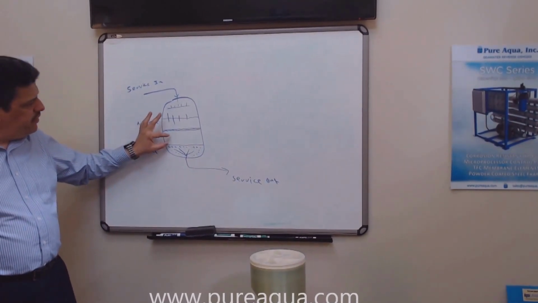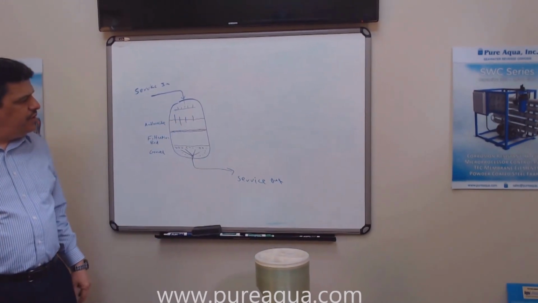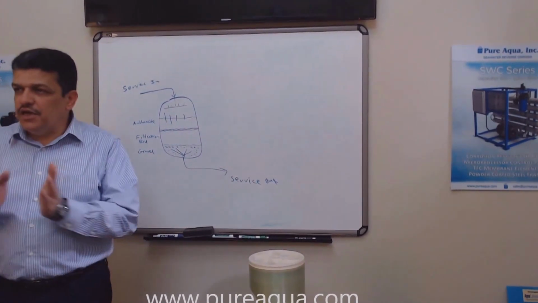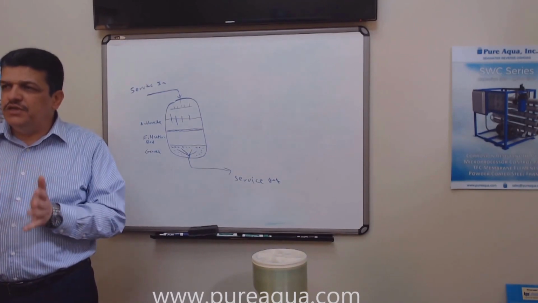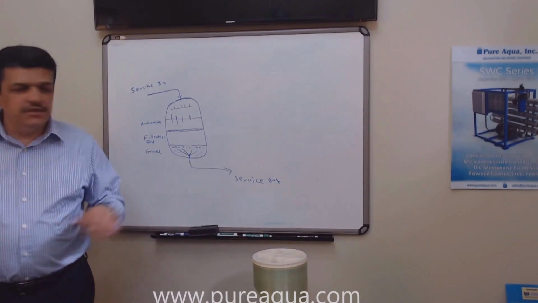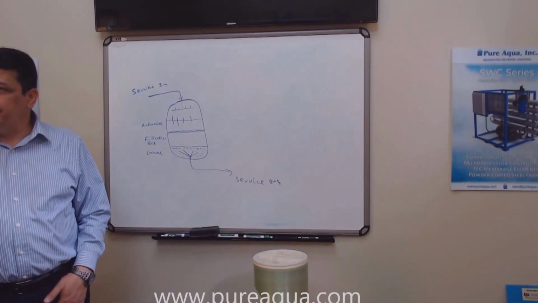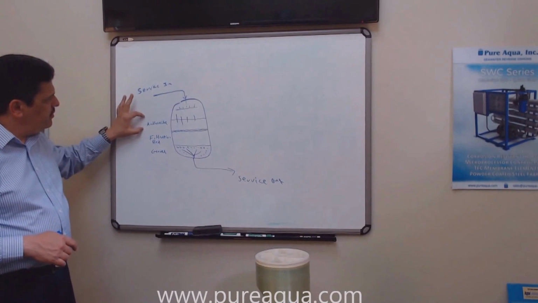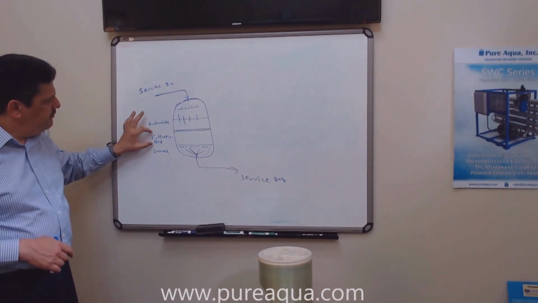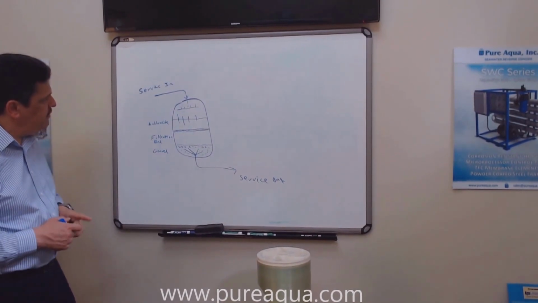We can add a couple of layers of garnet. The garnet is a crushed garnet. It's a good filtration media, and we use it in some special cases, and that's when we call it a multimedia filter.